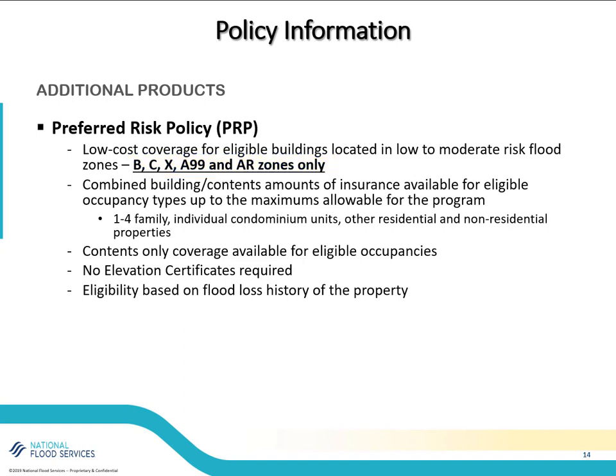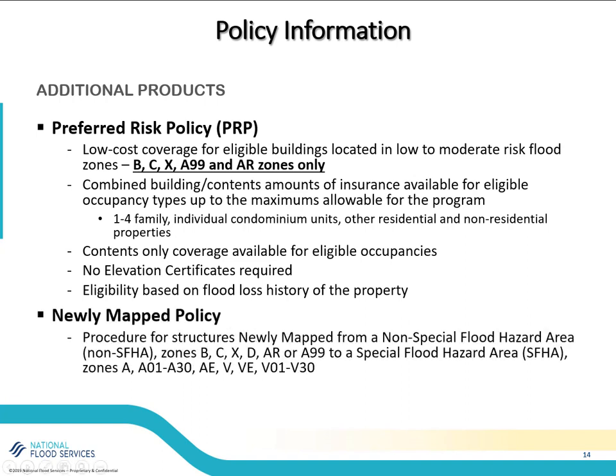This product offers packages with a combined building and contents amount, or even contents only. Loss history criteria must also be met before the policy can be issued. Ultimately, there can be no more than 2 losses, each more than $1,000. For more detail on the loss history criteria, please refer to the Flood Insurance Manual.